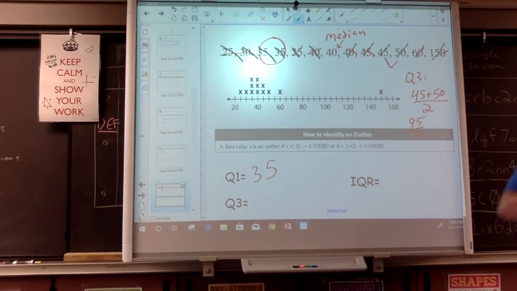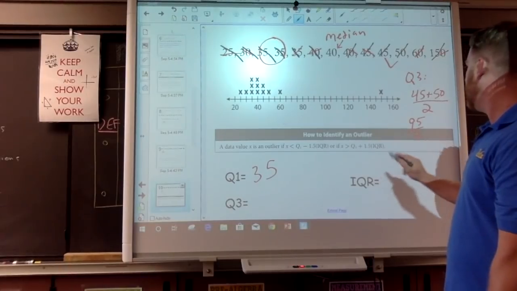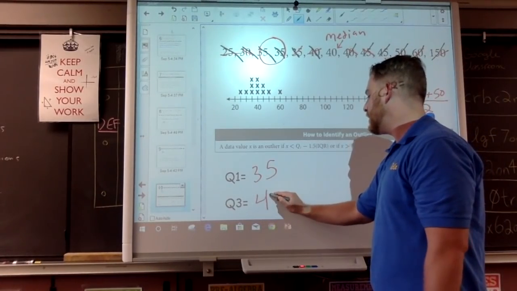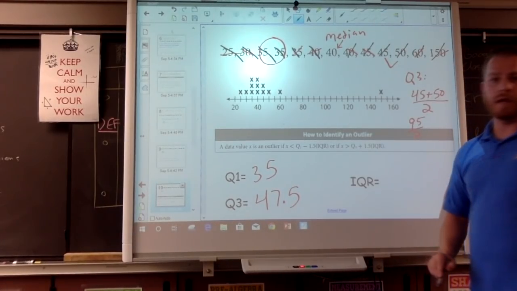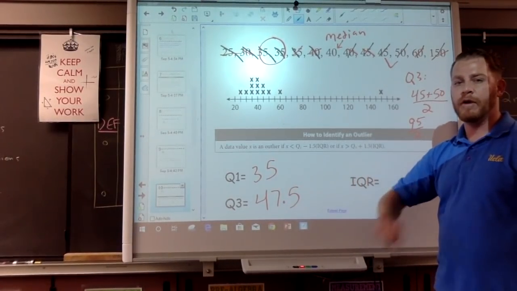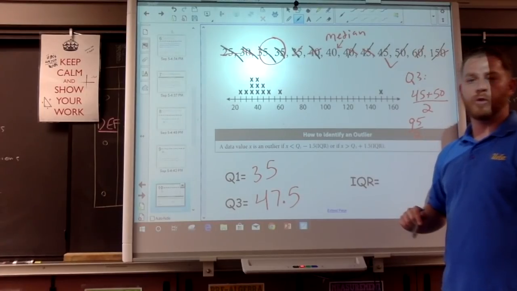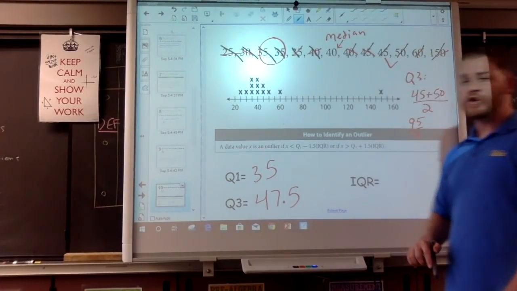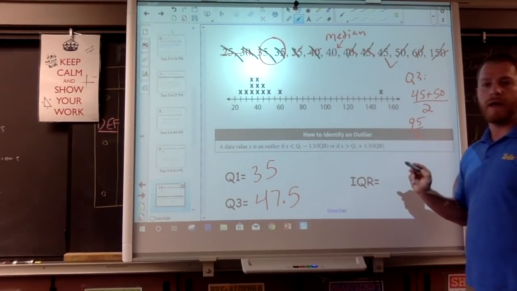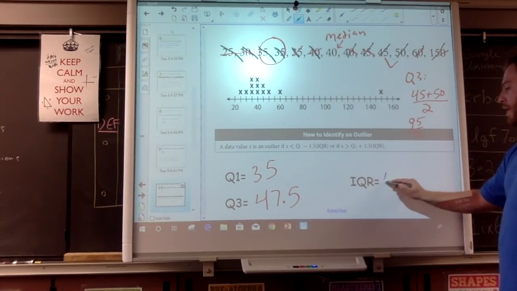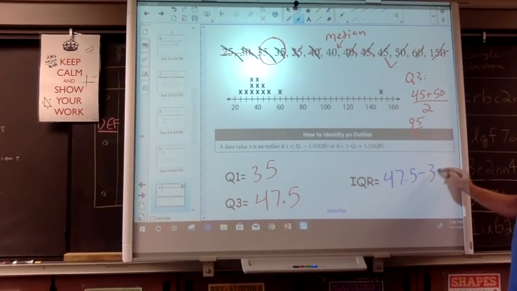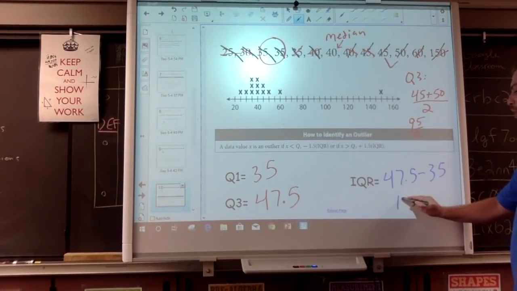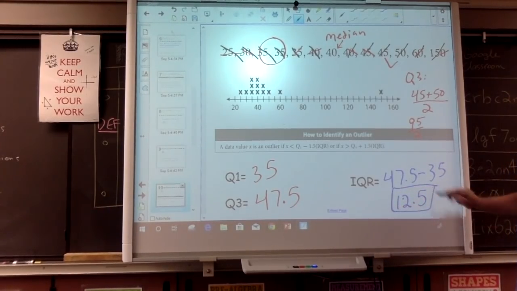And make sure you use your calculators, and that is going to give us 47.5 as Q3. So Q1 is 35, and Q3 is 47.5, which makes our IQR, that interquartile range, equal to 47.5 minus 35 for a final number of 12.5.